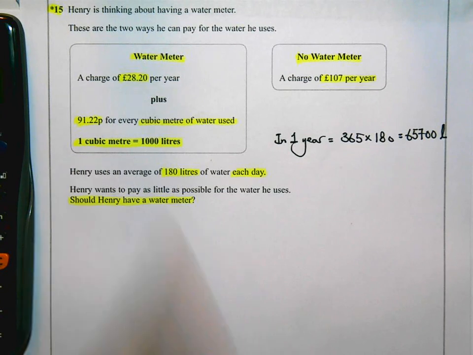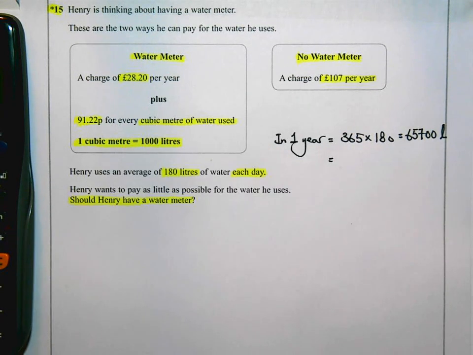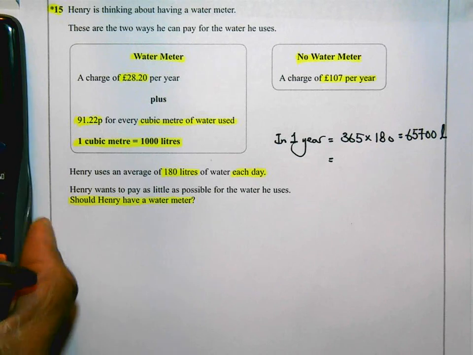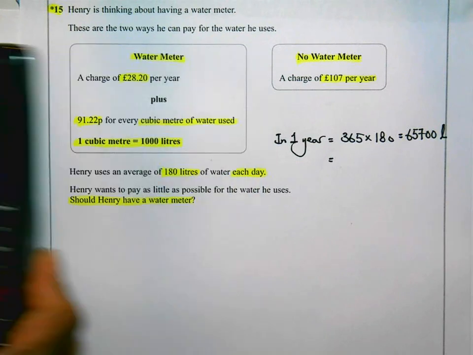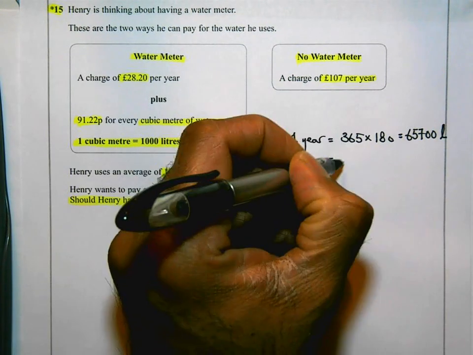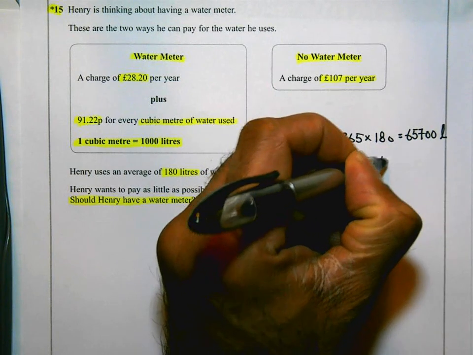So, if I divide that by 1,000, I'll get how many cubic meters it is. Divided by 1,000, and that's 65.7 cubic meters.